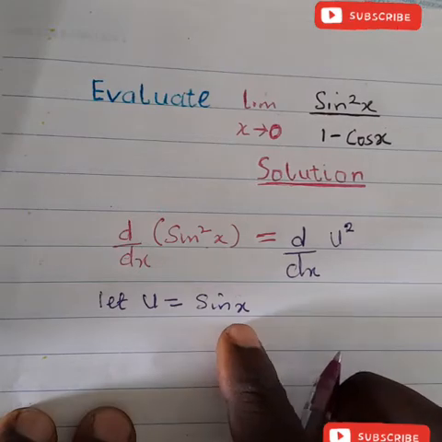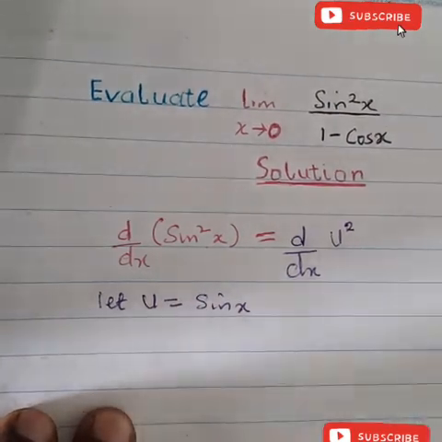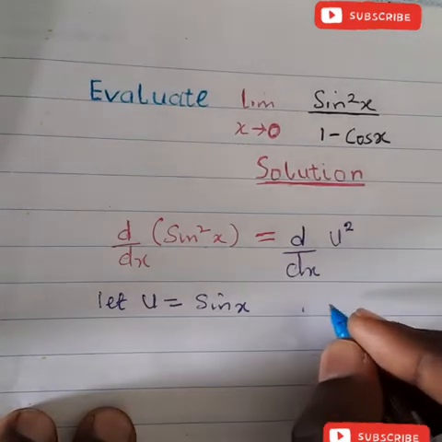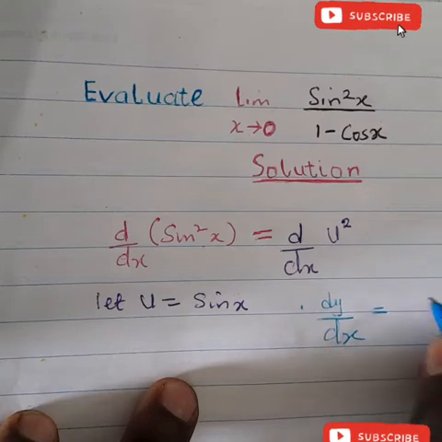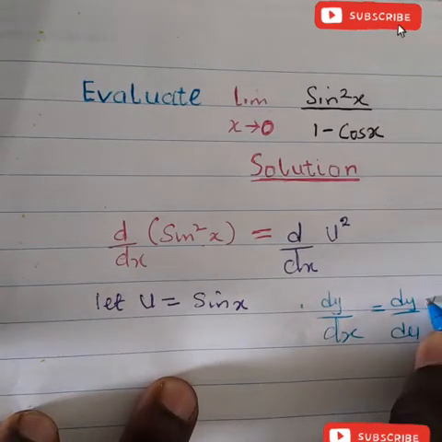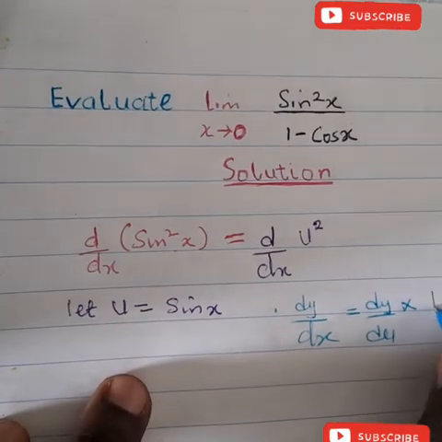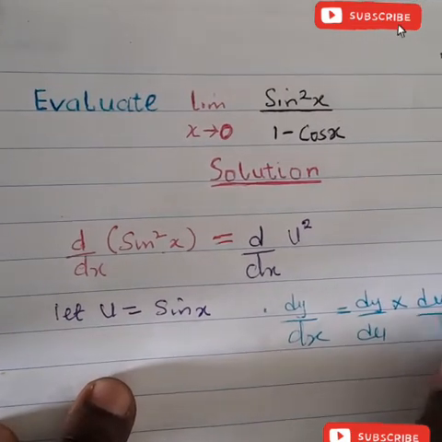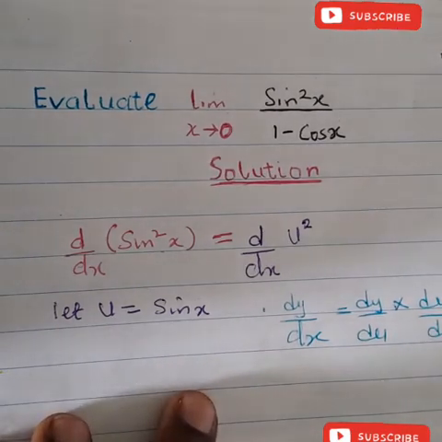By differentiating this with respect to x, the derivative d/dx of u squared is going to be equal to d/du of u squared times du/dx. What does that mean?